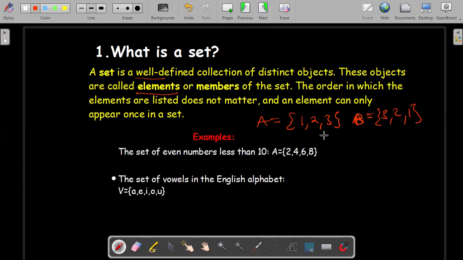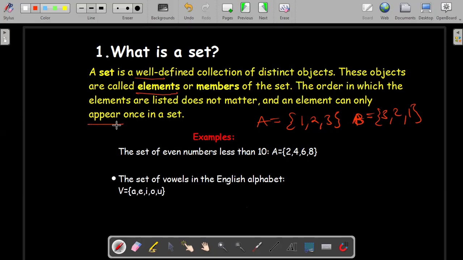Later on, we'll look at what makes sets equal to one another, but for now we're just saying the order doesn't really matter. Though in most cases we're going to list them in ascending order, unlike descending order, when it comes to numbers.